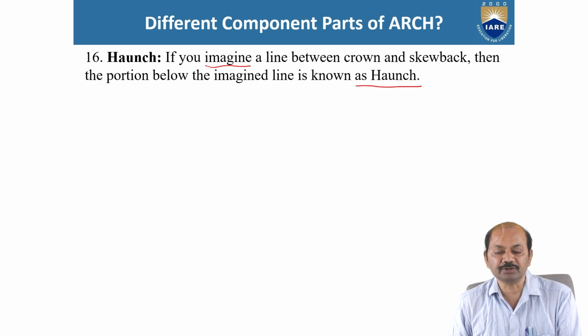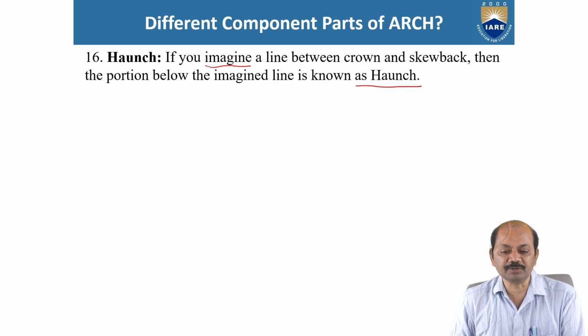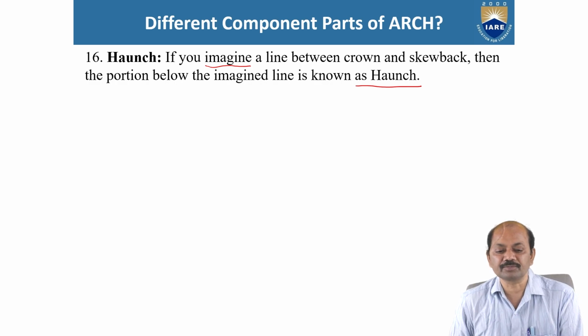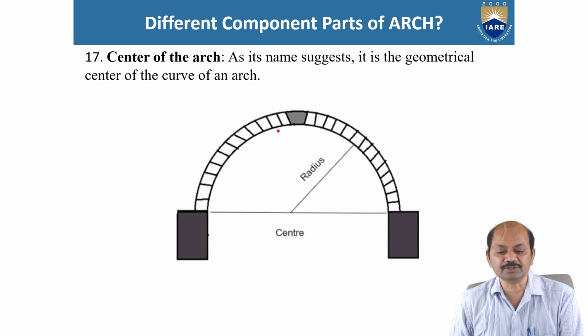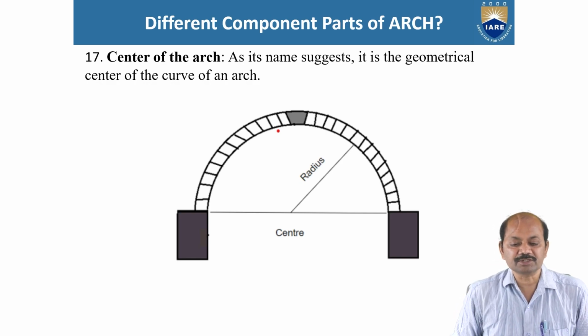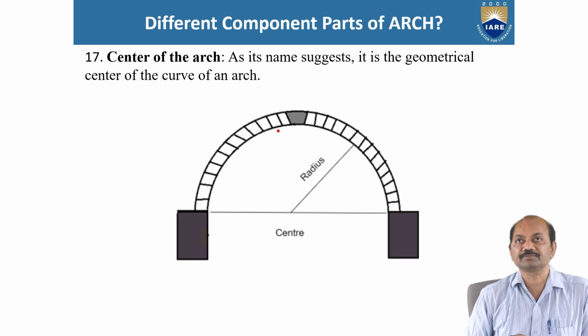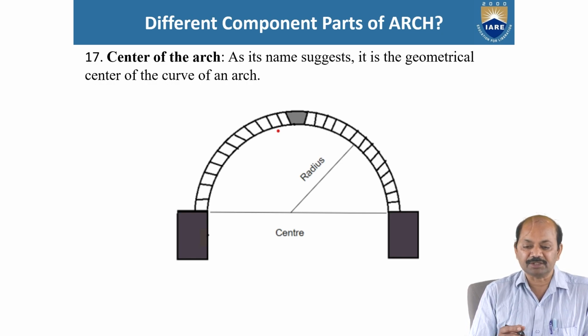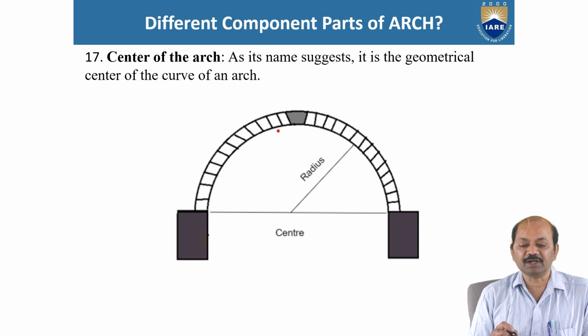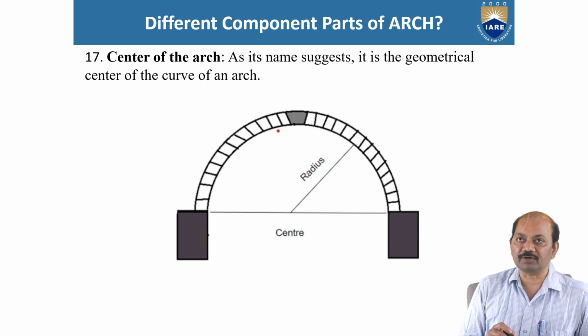Next, up to now 16 parts we have seen. Now the 17th term is center of the arch. As its name suggests, it is the geometrical center of the curve of an arch.